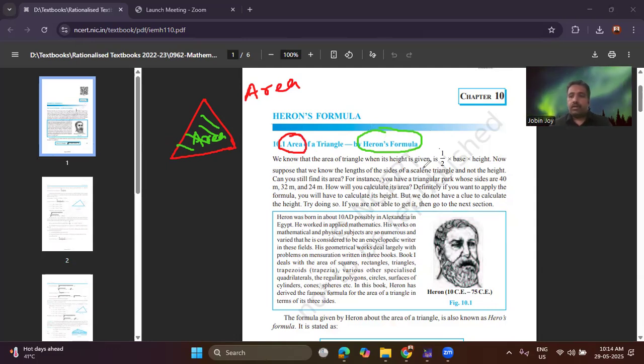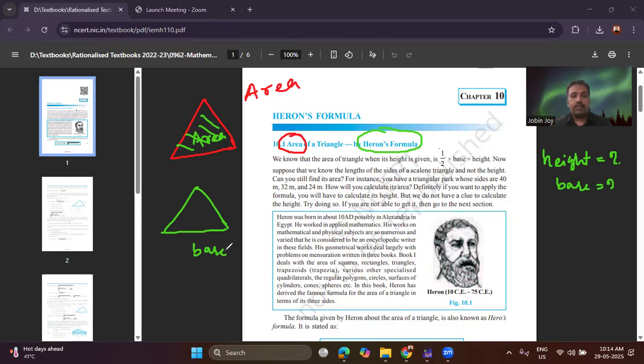We already know that if we know the height of the triangle and base of the triangle, for example, consider this triangle. This is the base and this is the height.